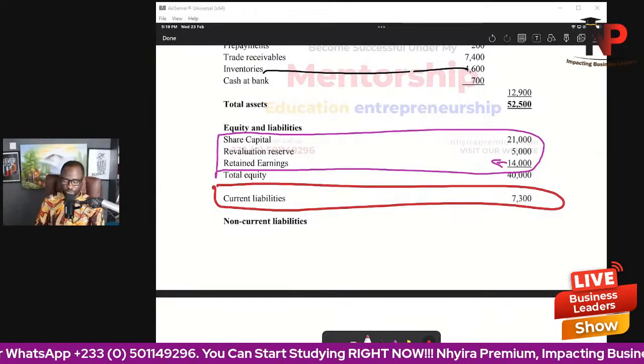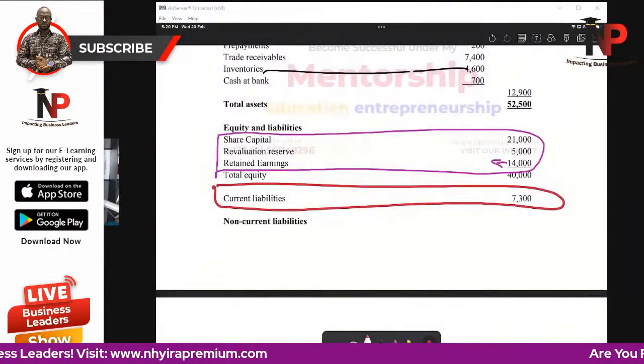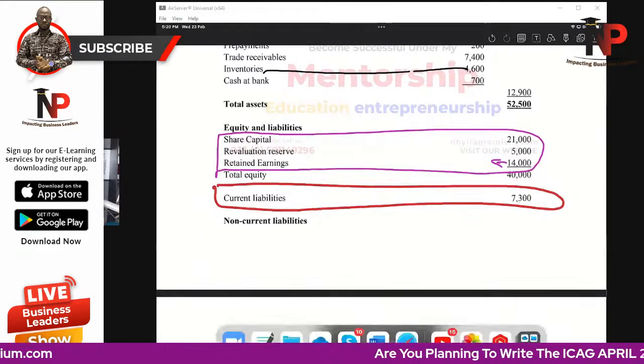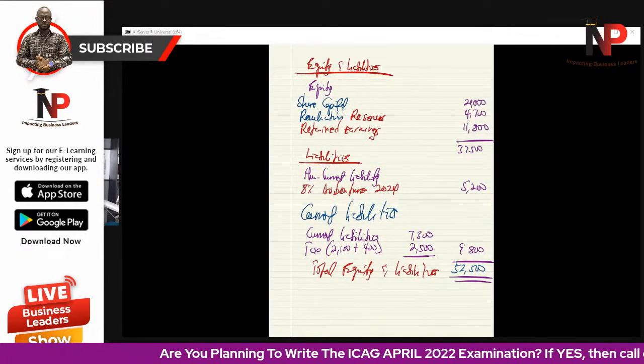So that is the issue about this one here. So you do this for 20 marks. This is financial reporting, definitely.